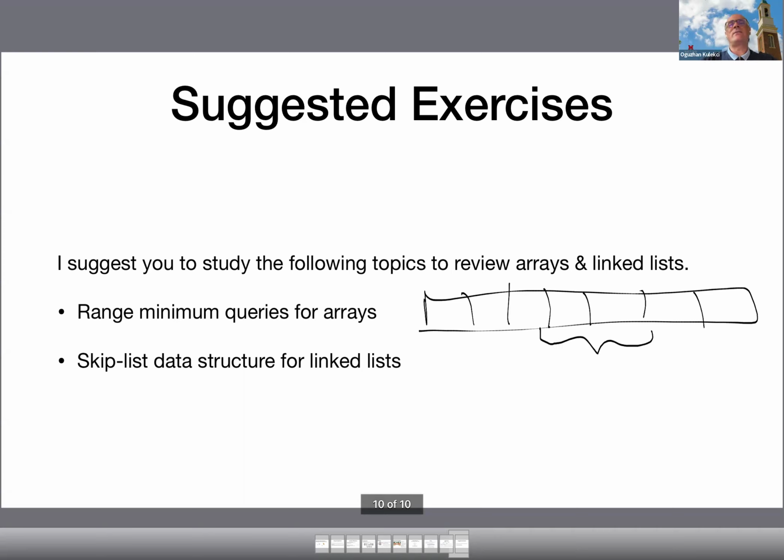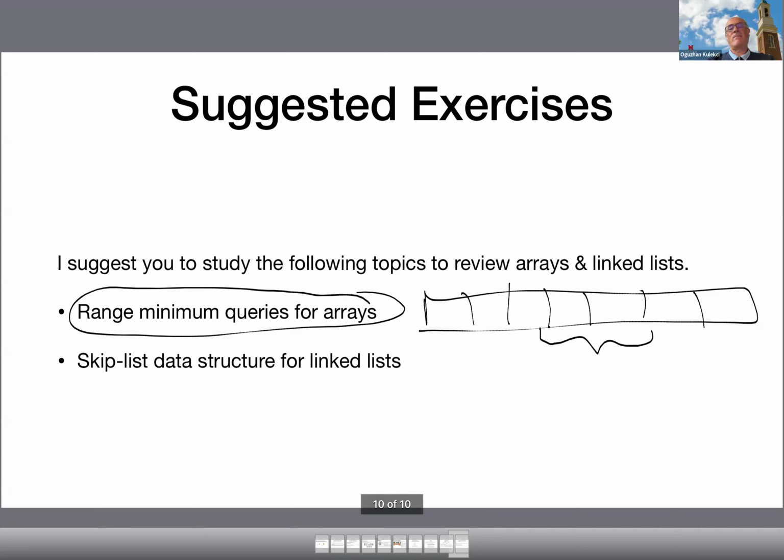The query tells you, please tell me the minimum element from position 5 to 11, let's say. And you may have different queries like that. How can you find the minimum in a queried range efficiently? That's a good exercise to understand arrays.